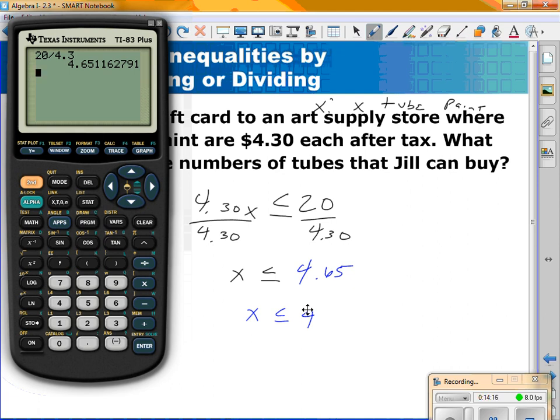What's the maximum number of tubes of paint that such and such can buy? It's 4 tubes. You can't buy 4.65, sorry. You can't buy a part of something. You buy 4 of it. We don't round up.